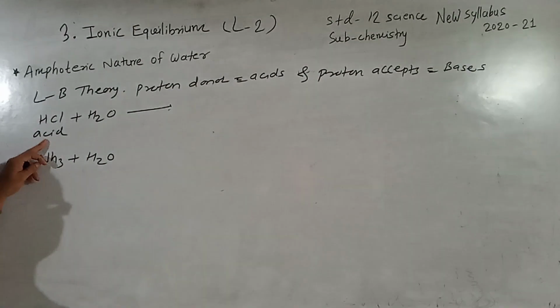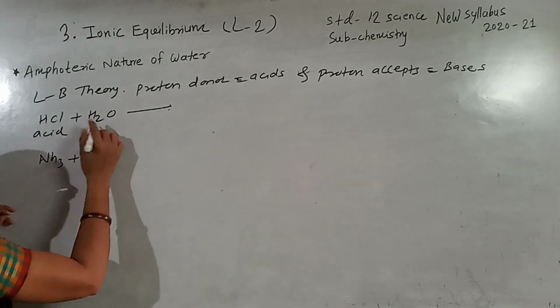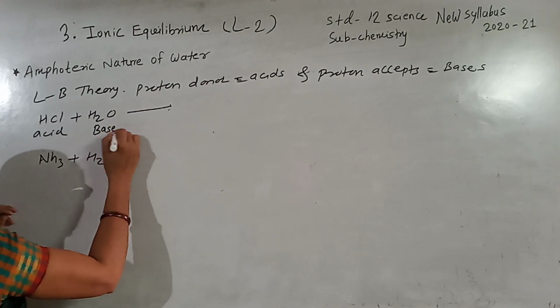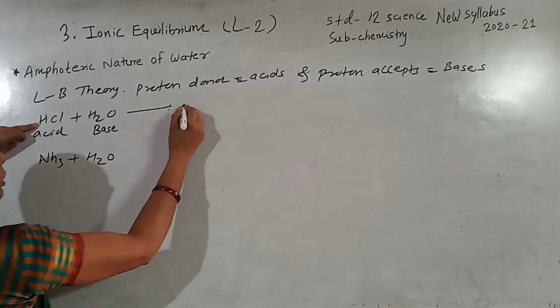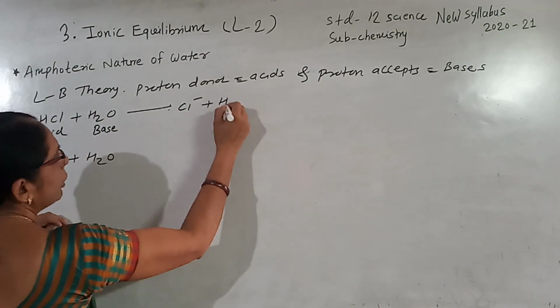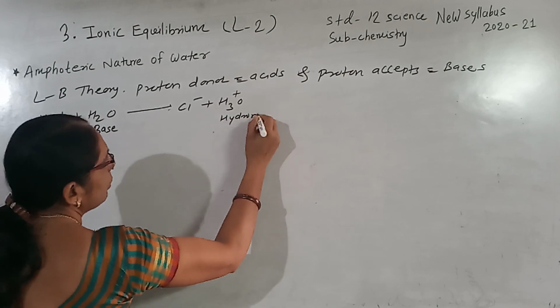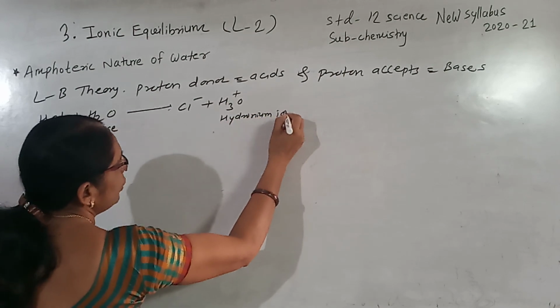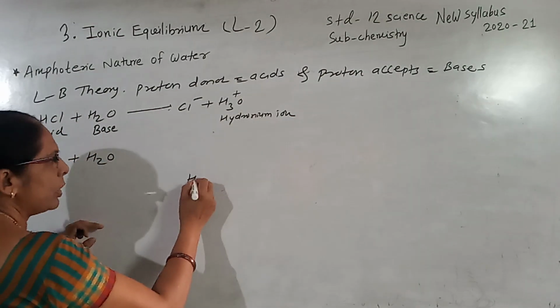So here HCl is an acid because it donates the proton. Water accepts it, so it is a base. When HCl donates the proton, it becomes Cl minus, and water accepts it and forms the hydronium ion. It is observed that in the case of an acid, the hydrogen does not remain as it is.